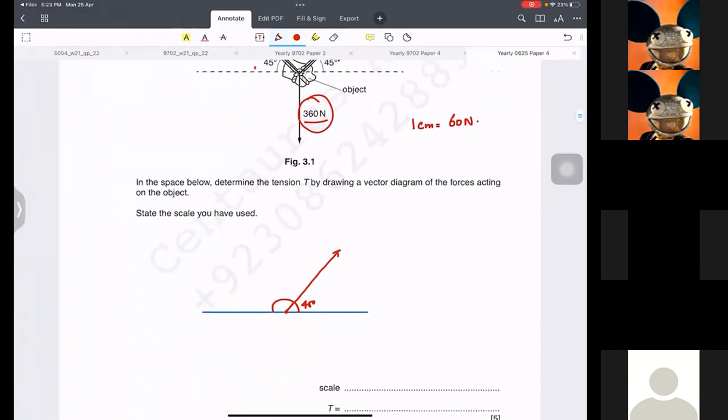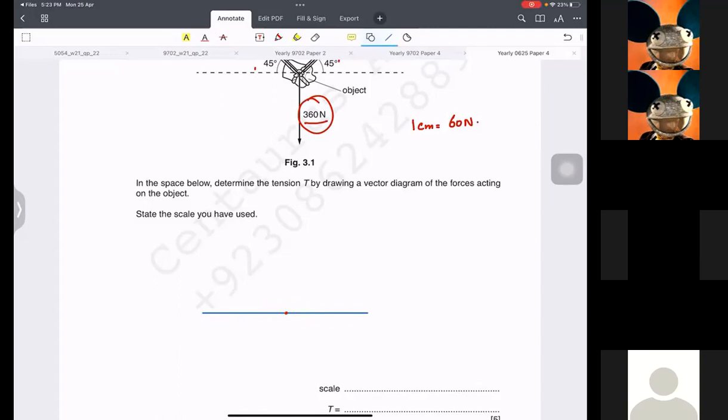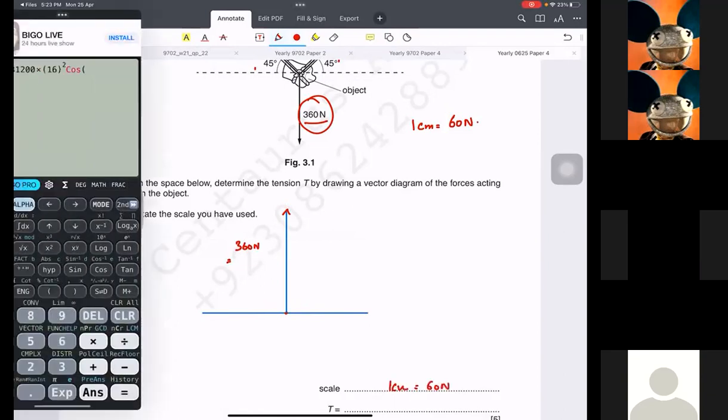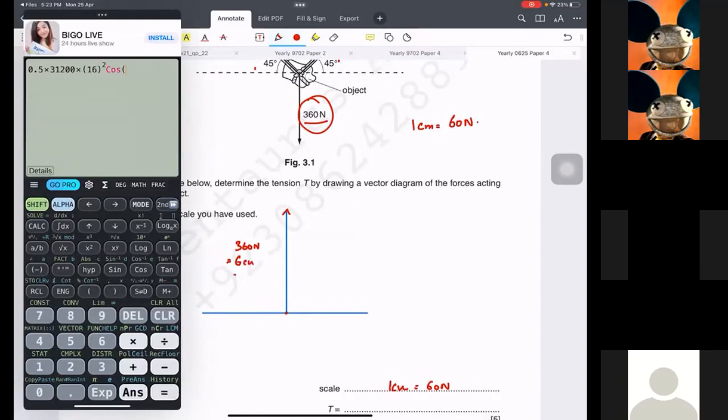So basically its resultant should be 360, right? This is not good. Okay, let me tell you how to do this. First I will draw a straight line, something like this, and it should be 360 newtons, which according to my scale is 6 centimeters.